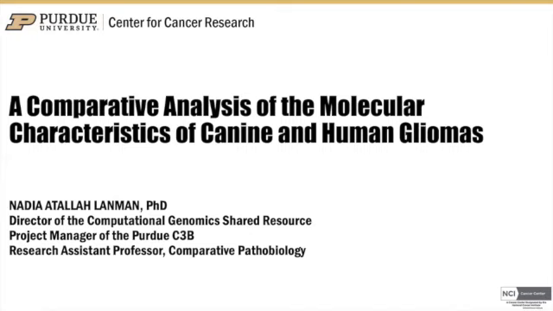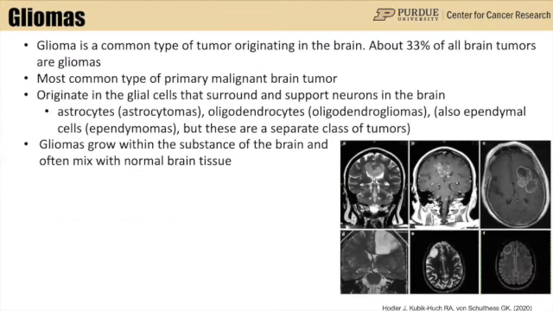So today I'm going to be talking about a comparative analysis we've been doing of molecular characteristics of canine and human gliomas. And gliomas are a common type of tumor originating in the brain. About 33% of brain tumors are gliomas, and they're the most common type of primary malignant brain tumor. They originate in glial cells, which surround and support neurons in the brain.